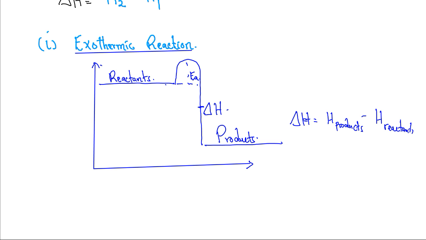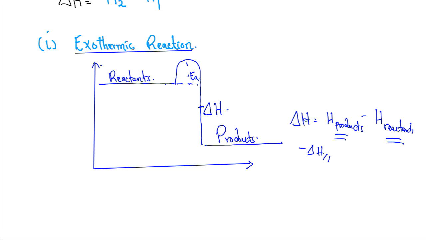And for exothermic reactions, there is that heat that is lost. So the energy for the products has to be less than that of the reactants, because heat is lost to the surrounding. And that is why the difference is negative. So our delta H has to be negative.